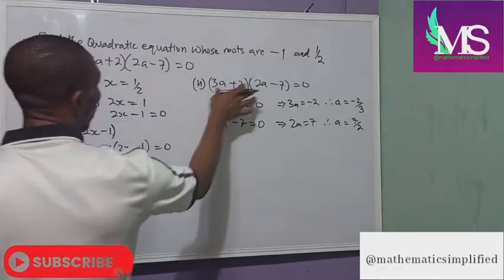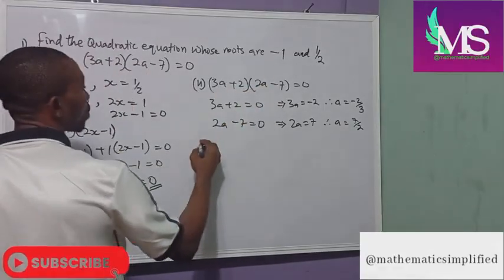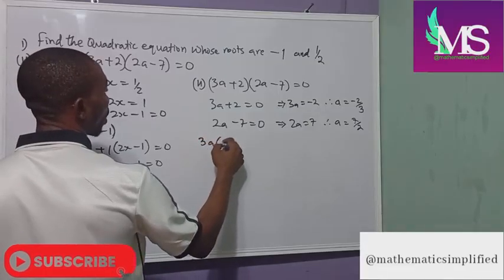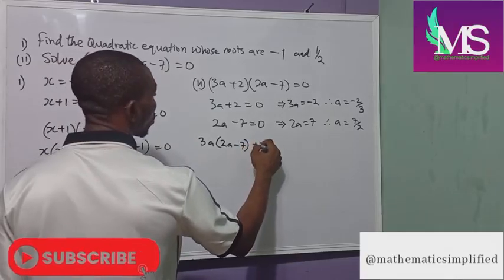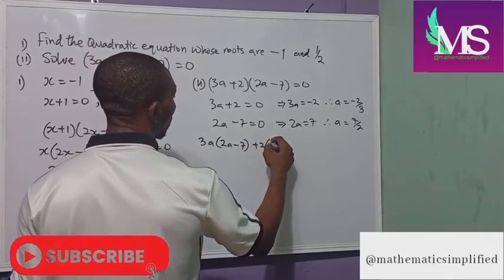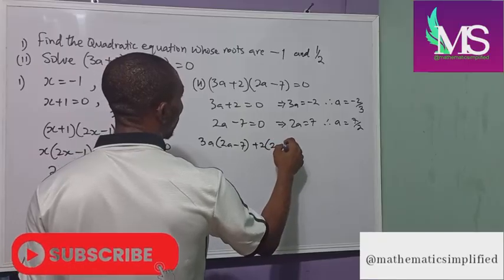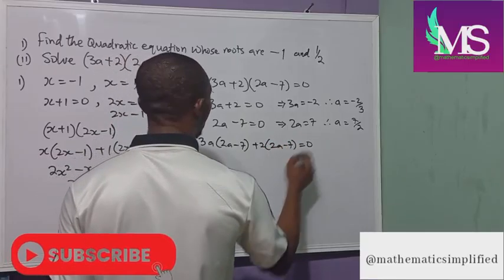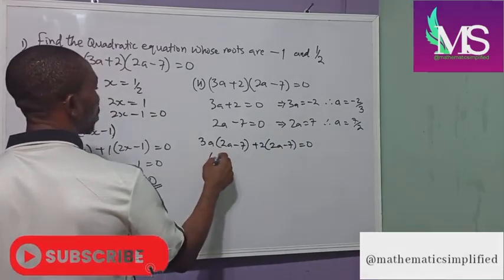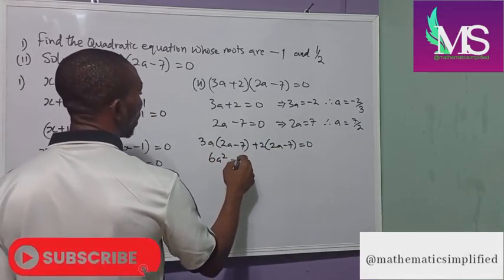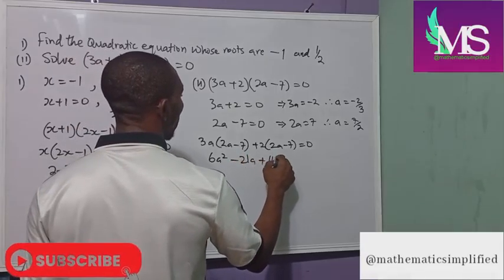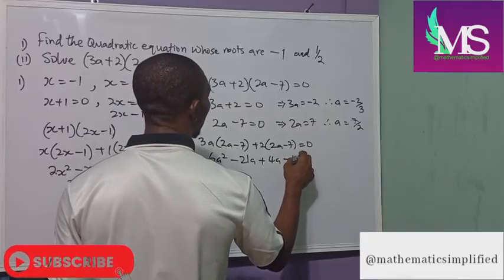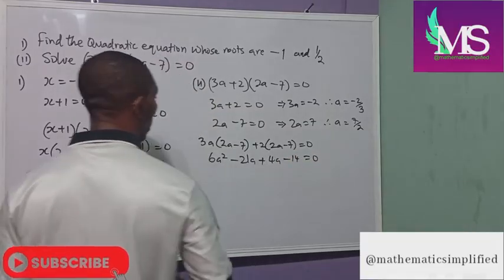But if we are asked to expand, this becomes 3a bracket 2a minus 7 plus 2 bracket 2a minus 7 equals 0. So this will give us 6a squared minus 21a plus 4a minus 14 equals 0.